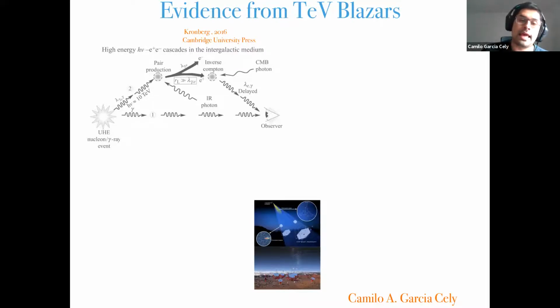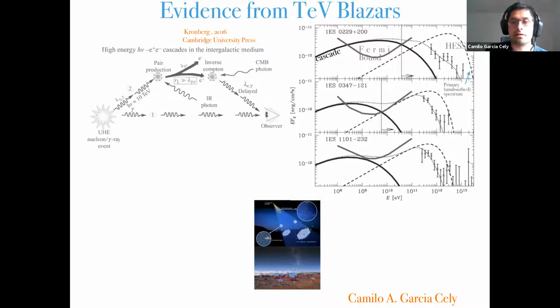And astronomers are somewhat confident that, given the original spectrum, the primary spectrum of gamma rays from the TeV blazar, they can infer what the secondary spectrum is. And this is what is shown on the right.